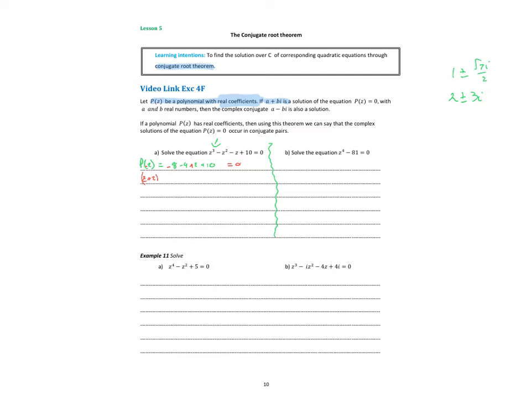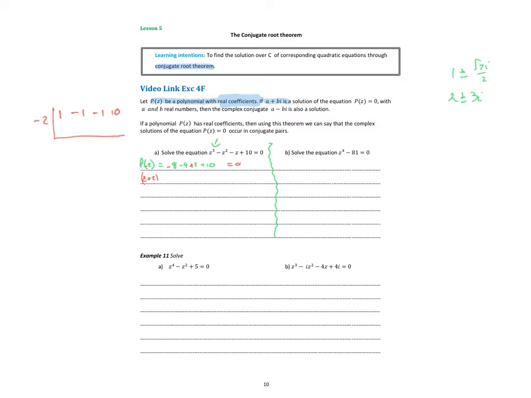What we can do for our synthetic division, negative 2 is our solution. Put it out the front and put the coefficients of z up: 1, negative 1, negative 1, and 10.